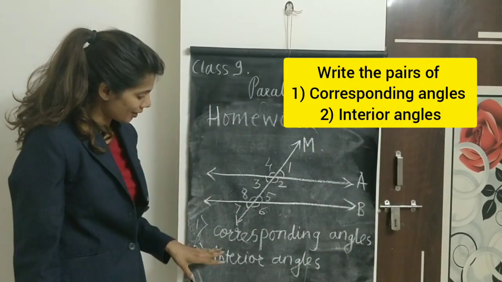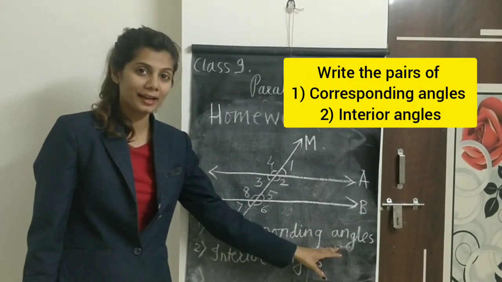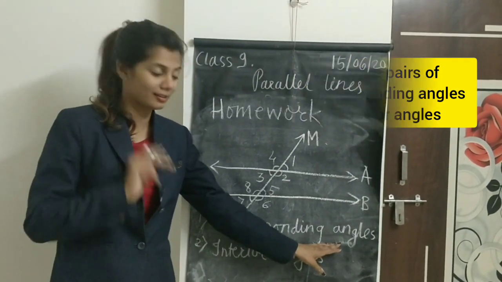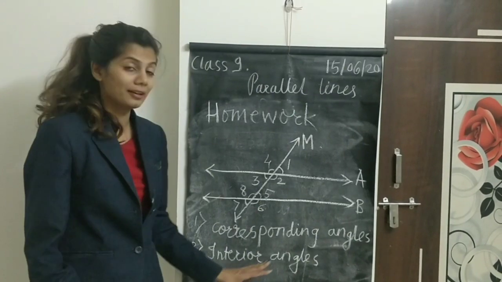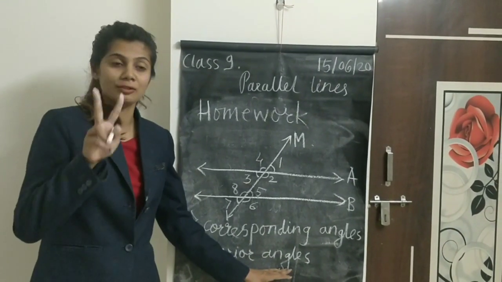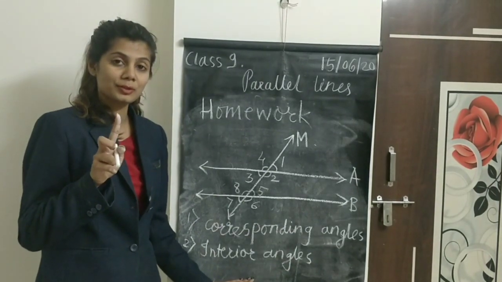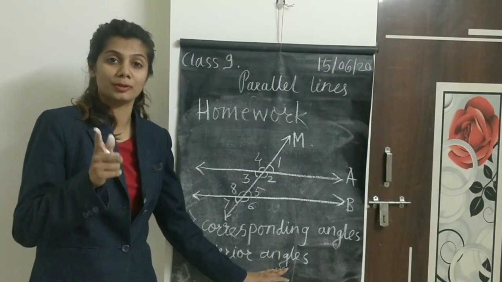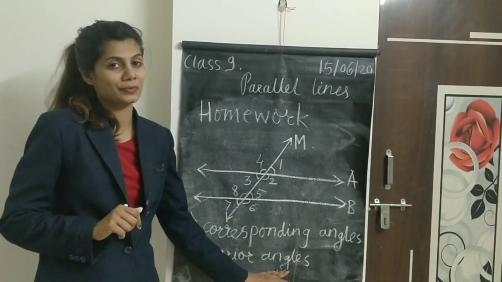Now you have to write the pairs of corresponding angles and pairs of interior angles. In interior angles you will have to again write two types: alternate interior angles and angles formed on the same side of the transversal.